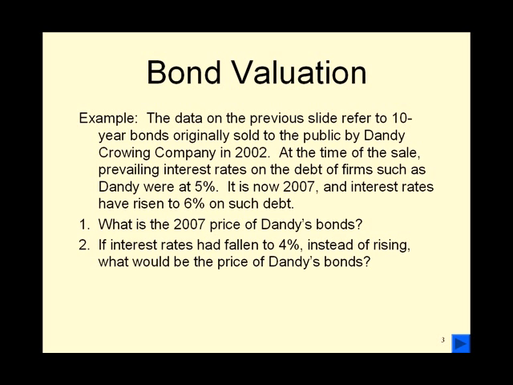Now let's further say that the original bond buyers or lenders are interested in selling their bonds in the secondary bond markets in order to get some money back. So they're interested in selling the bonds in the public bond market. The question is, what is the 2007 price of Dandy's bonds?